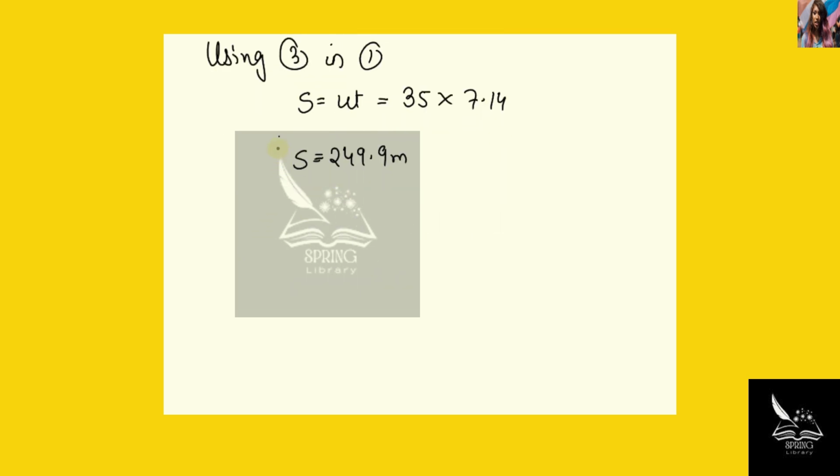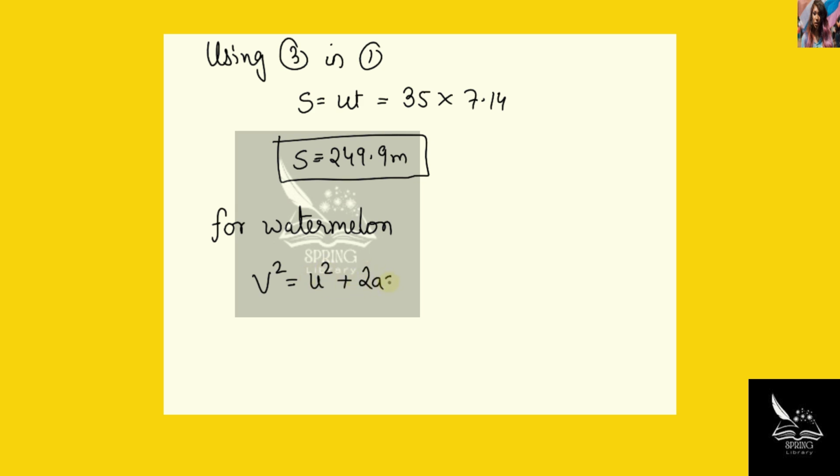Now for the watermelon, we can use v square is equal to u square plus 2as. So u is 0, so v is equal to the square root of 2gs.